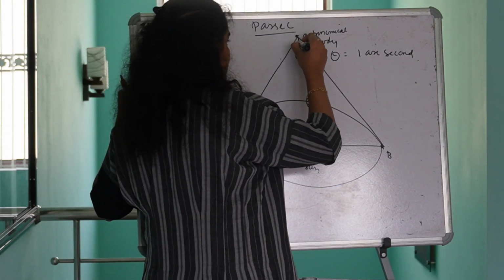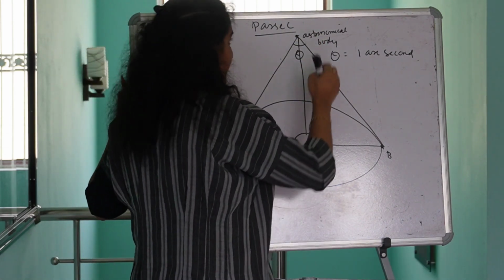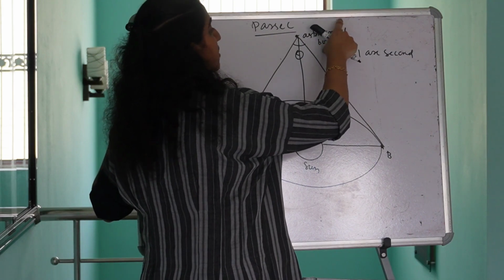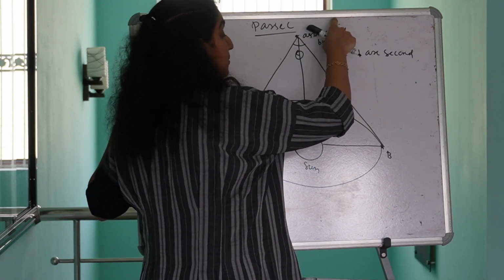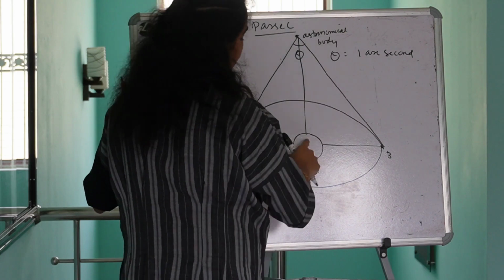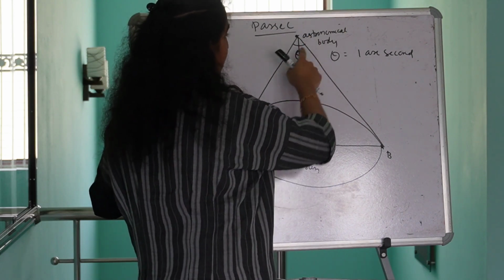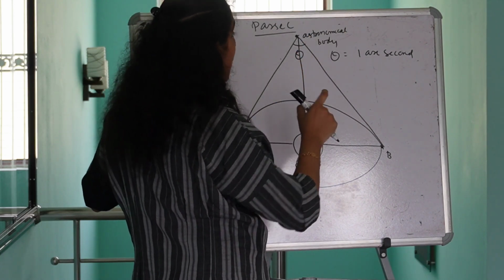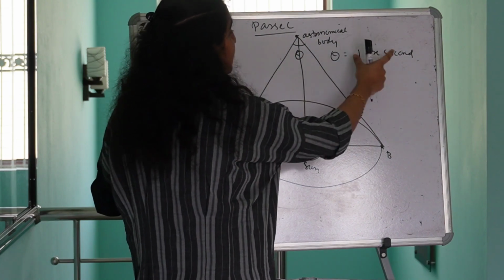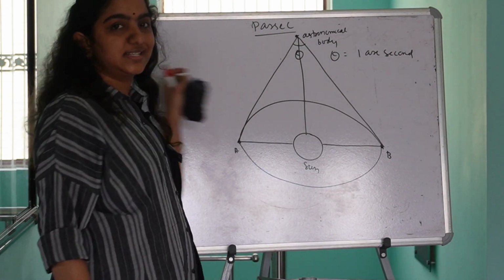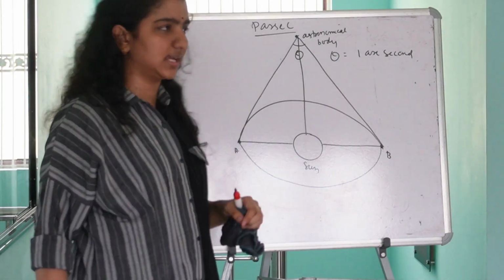The distance to the astronomical body or object from the sun, whose parallax angle is equal to 1 arc second. What is 1 arc second?